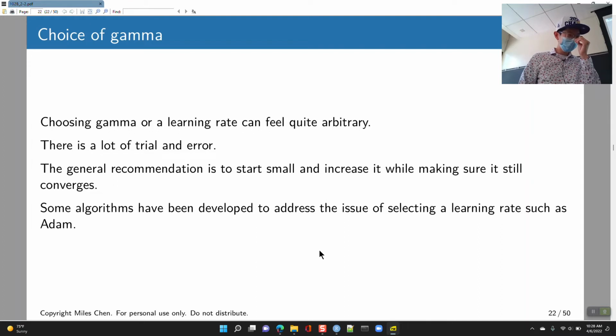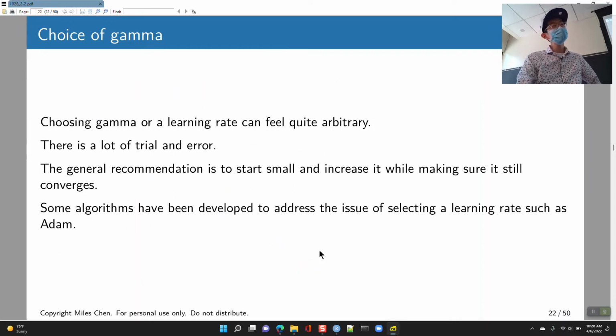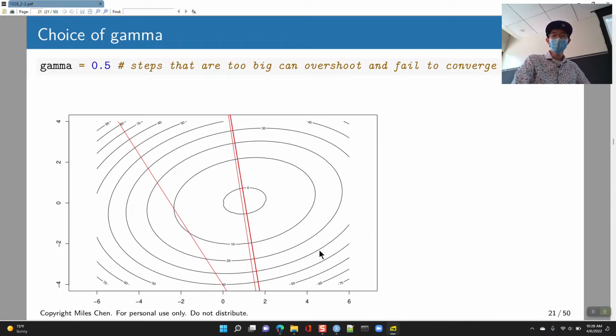But especially if your loss function is complicated, it might not be easy to define. For a simple loss function, we might be able to use some calculus and find a good learning rate, but for something quite hard, it might not be that straightforward. Okay, that's gradient descent, a very quick introduction. I don't know if we have any questions on how this is working.